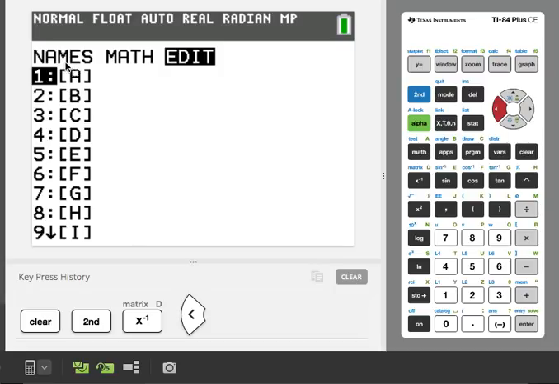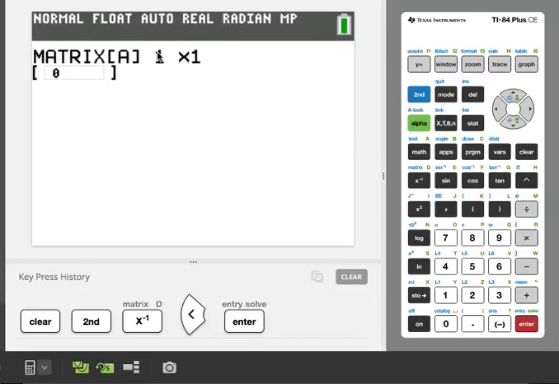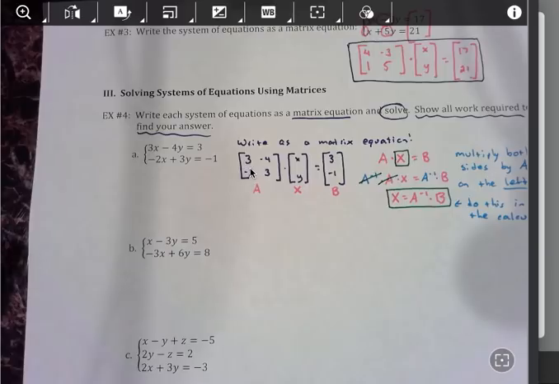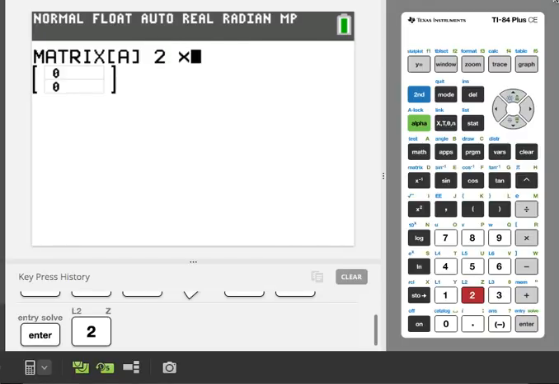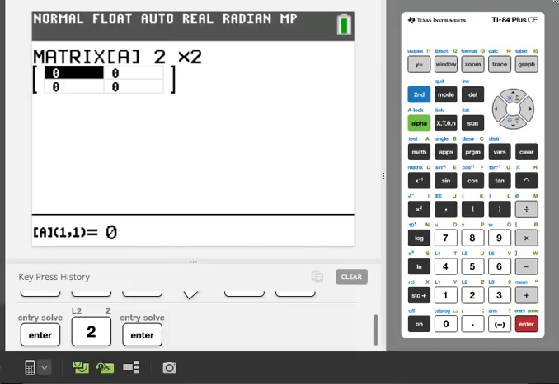The first thing I'm going to put in is matrix A. I'll press enter. It's asking for the dimensions of matrix A. My matrix A is a 2 by 2, so we need to tell it that. I'll type 2, enter, 2, enter. Now it's set up a 2 by 2 with zeros. Go ahead and put in all of your numbers.